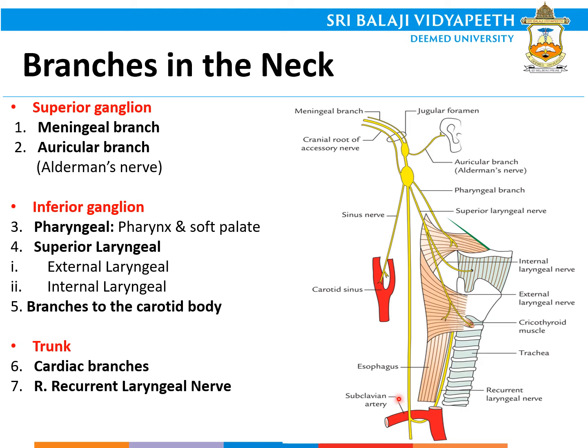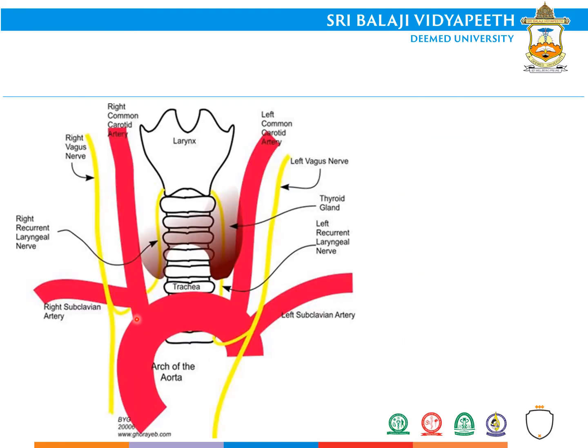Please note that the right recurrent laryngeal nerve emerges in the neck, whereas the left recurrent laryngeal nerve emerges in the thorax. See how this happens. This is the vagus nerve here, and this is the right recurrent laryngeal nerve. It emerges from the right vagus nerve, and it just winds around the right subclavian artery and then ascends upwards.